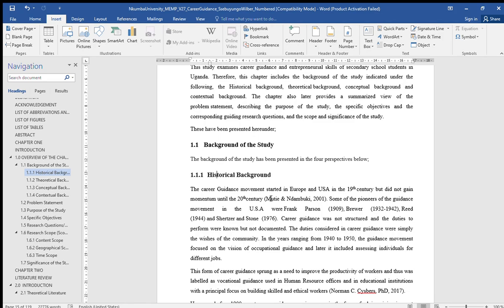Then, after that, how has the problem evolved from the past to the present? For example, here, one had got to present that career guidance movement started in Europe. Are you seeing the where? And the US in the 19th century. Do you see the when? But it did not gain momentum until the 20th century, according to this author. Some of the pioneers of the guidance movement in the US were Frank Parsons, because these things did not begin by themselves.